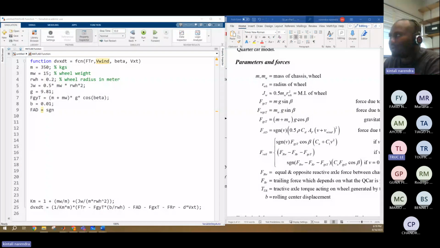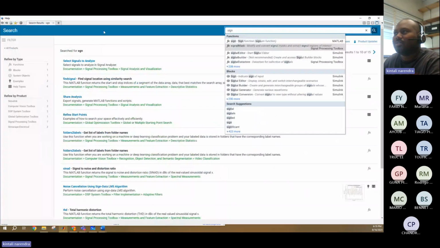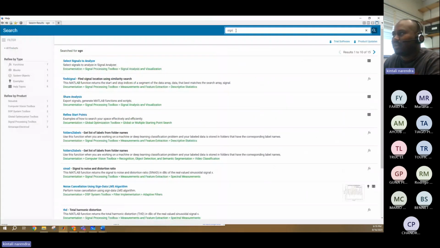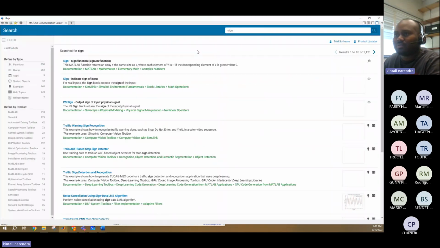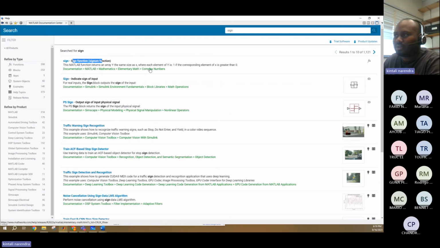How did I find it? I found it from the MATLAB help. See here, in the MATLAB help, search. See, here I find SIGN. It gives one if the corresponding element X is greater than 0.